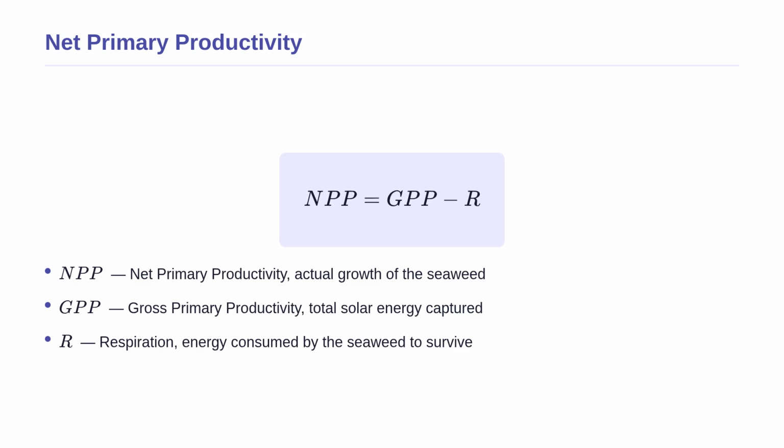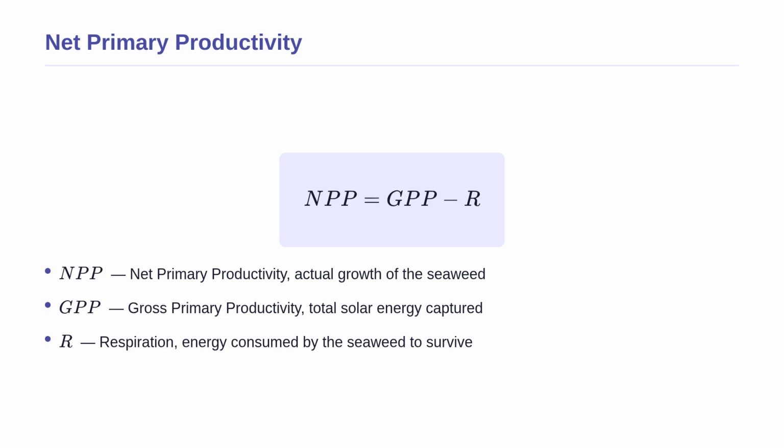This brings us to the fundamental ecological equation used to calculate this energy. The formula is NPP equals GPP minus R. Let us break down what each term means. NPP stands for net primary productivity, which is the actual growth of the seaweed, usually measured in grams of carbon per square meter per year.